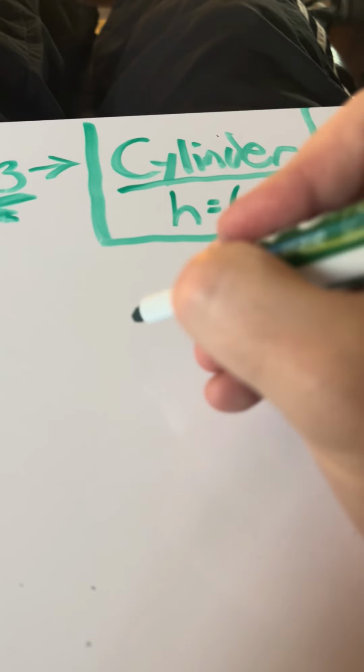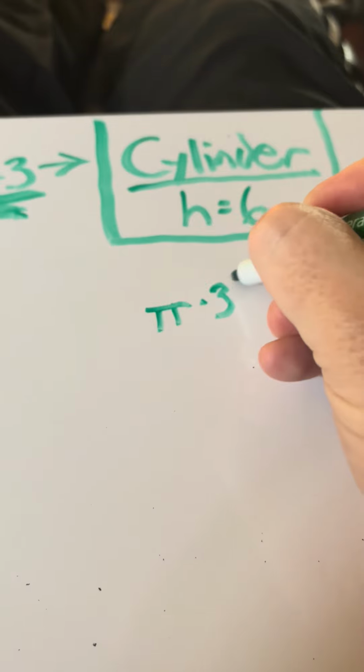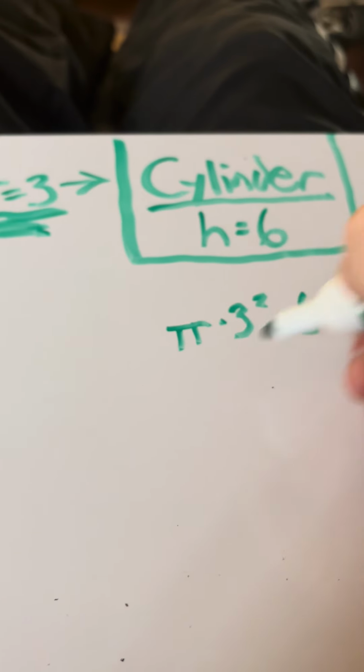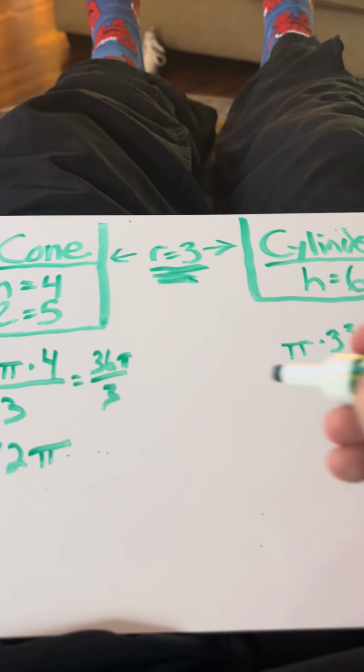Now for the cylinder, the radius again is 3. The height you see is 6, so this is going to be pi times 3 squared times the height, which is 6. So that winds up being 54 pi. And we're just going to add these two amounts together.